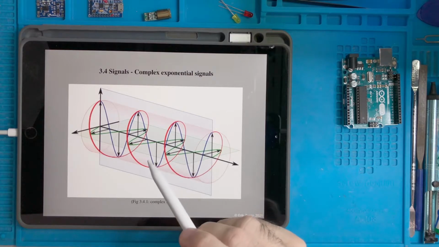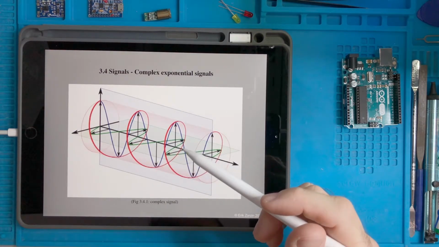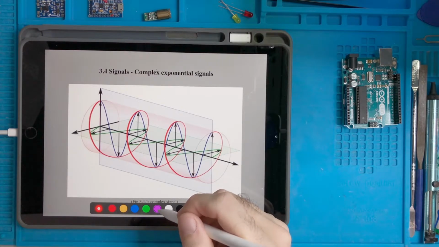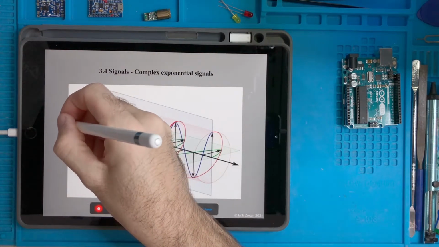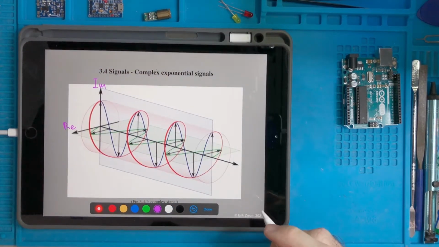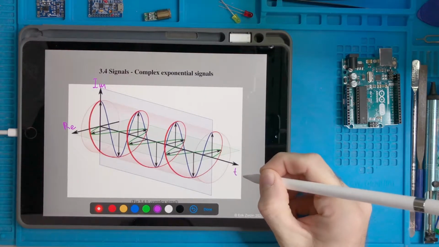Here you have a more complete representation, in the sense that those two axes, for instance, this one is the real, this other one is the imaginary, it can be vice versa, it's just a convention that we can do, and this is the time.